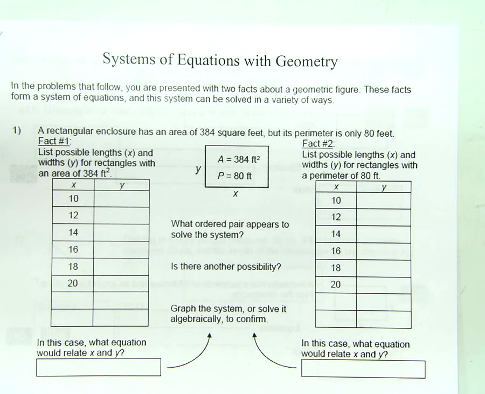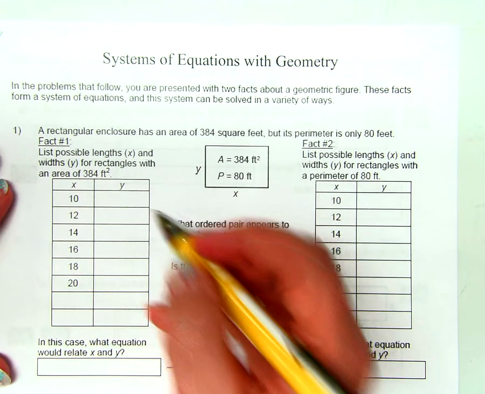We're talking about areas, so we have to take the area and divide by the length of the rectangle, correct? Won't that give us the width? Good. So what if x is 10? What is y? 38.4? Everybody agree? Okay.